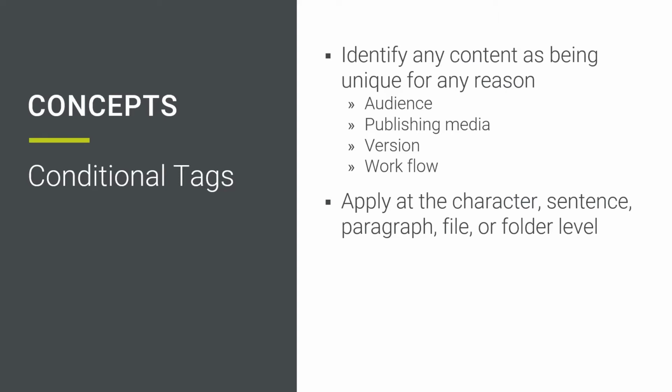A conditional marker can not only be applied at the character level, if necessary, and I'm not saying this is a good idea, but I have seen customers that wanted to publish in both North American English and British English, some would say proper English, and they would actually, in a sentence, type the word color, C-O-L-O-U-R, and then they would conditionalize the letter U and mark that British only. And that way they could publish both ways.